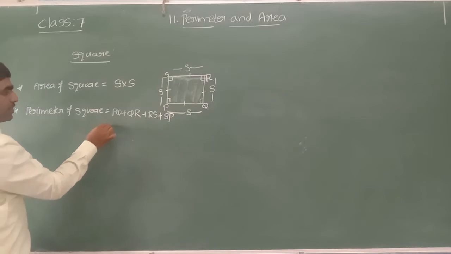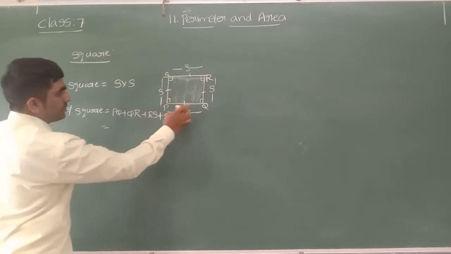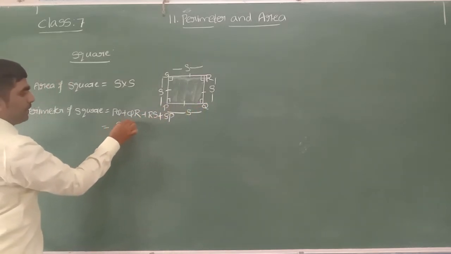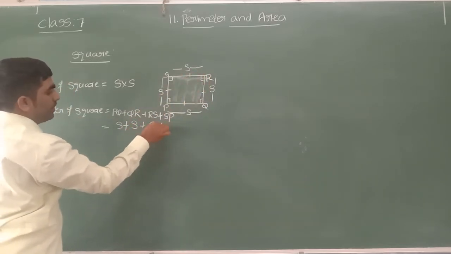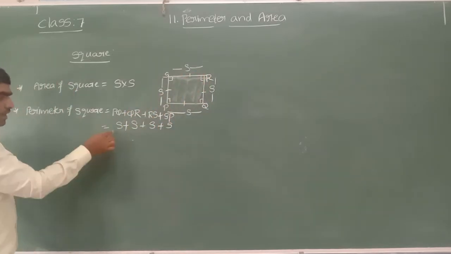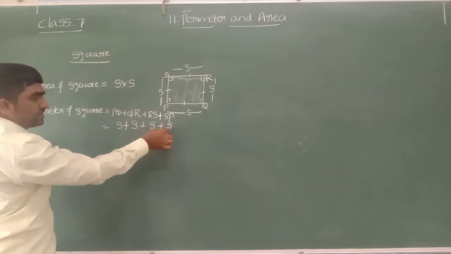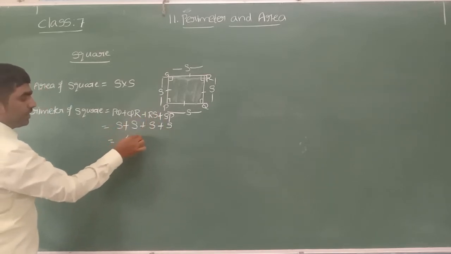The length of PQ is S, QR is also S, all four sides are equal, SP is also S. S plus S plus S plus S. How many is that? 4S.